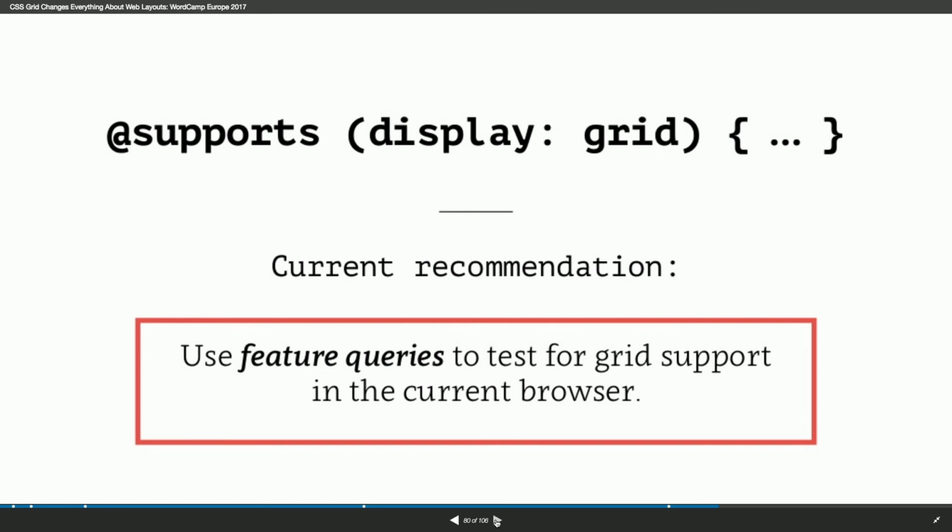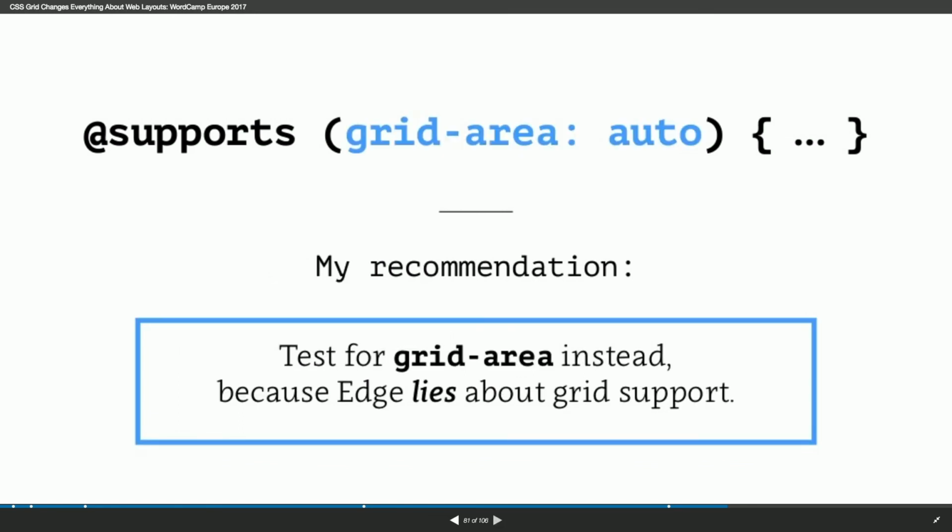This is a solution, but it's better to use grid-area instead, because as I mentioned, IE and Edge think they support the CSS Grid, but they don't support the whole specification. So you should use another kind of property from the CSS Grid specification. For example, grid-area: auto, because it is not supported in those browsers, so they won't read anything inside the feature query.